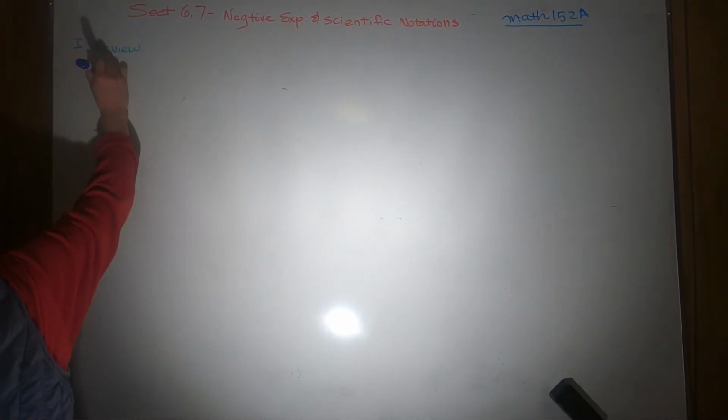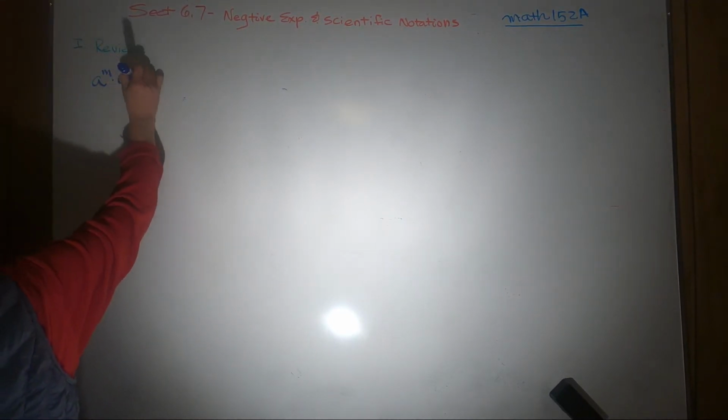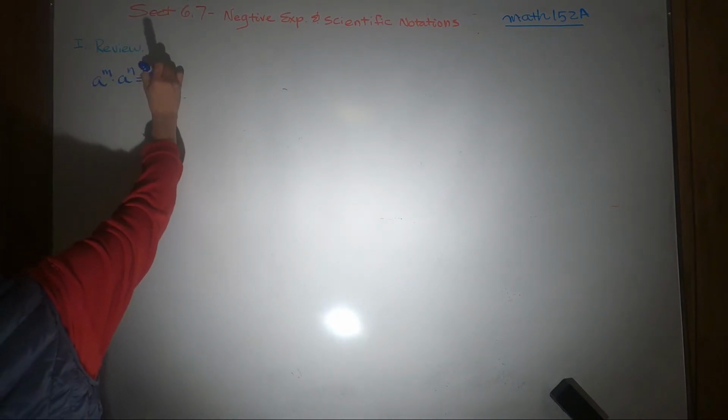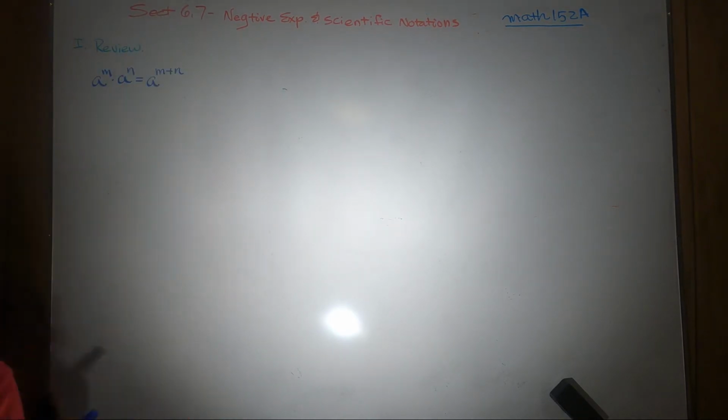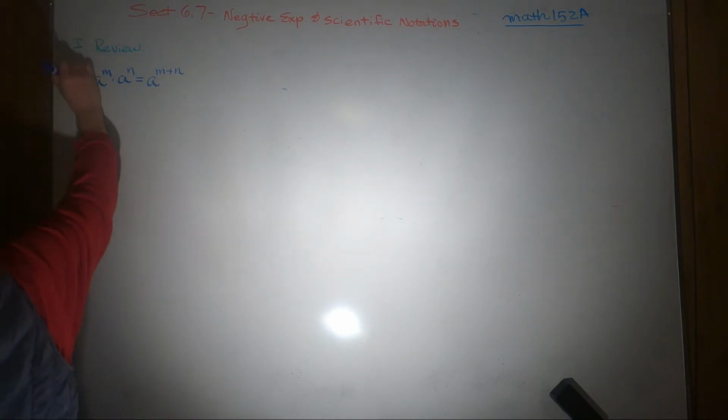We talk about poly times poly, right? And if just one term for multiplication, we did all those, we have an times an, right? One term times one term. So product property, right?